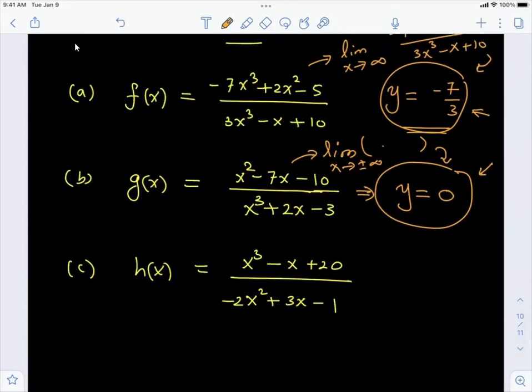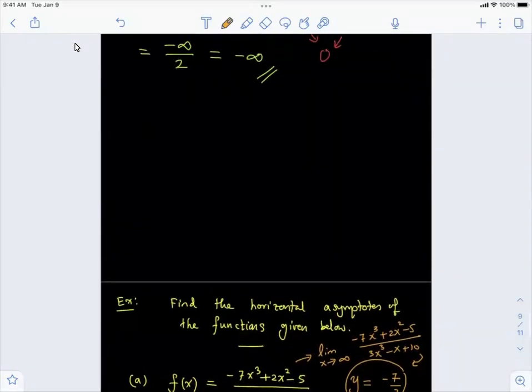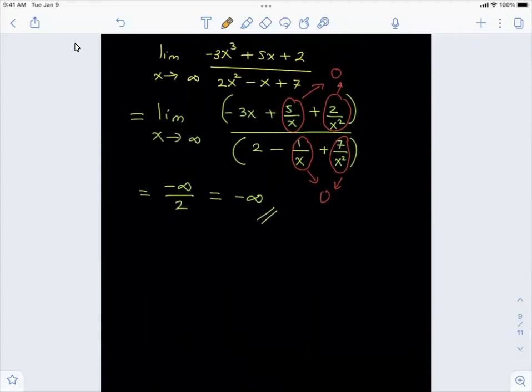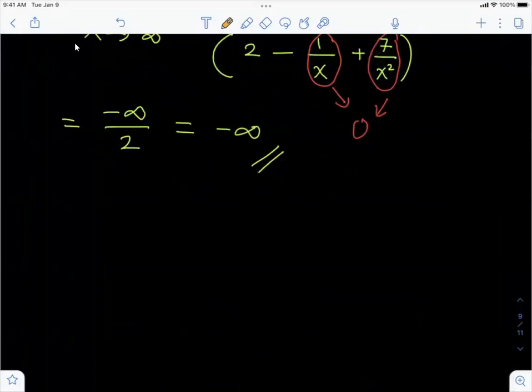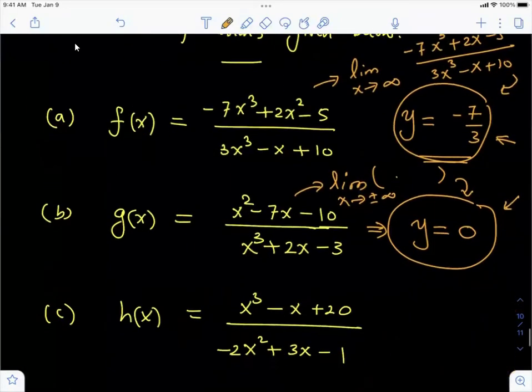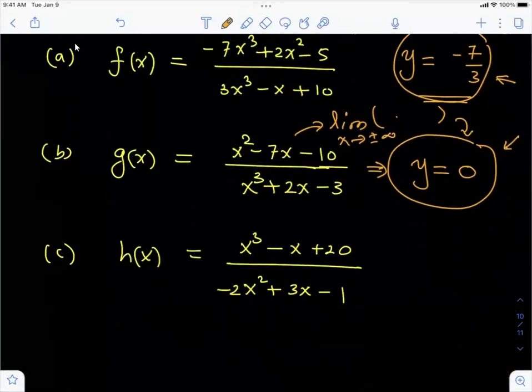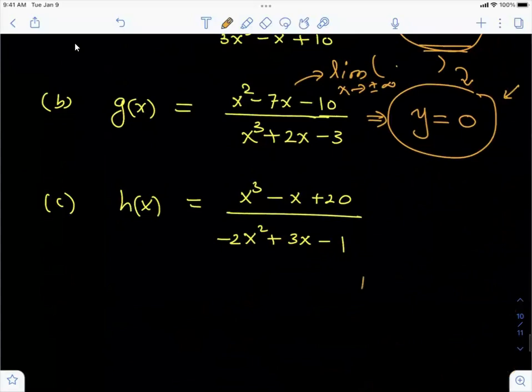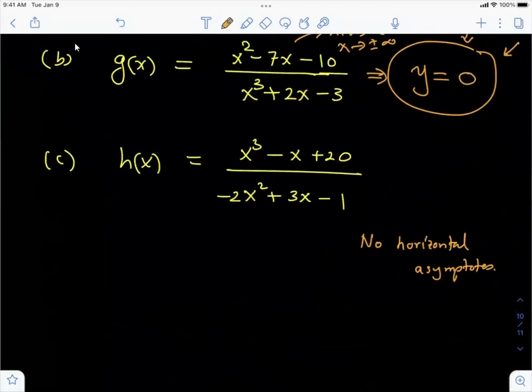This is pretty much aligned with the last example that we worked with. So when you look at this example, you can see there is no finite limit in this situation. So we do not have any horizontal asymptotes in this particular scenario.